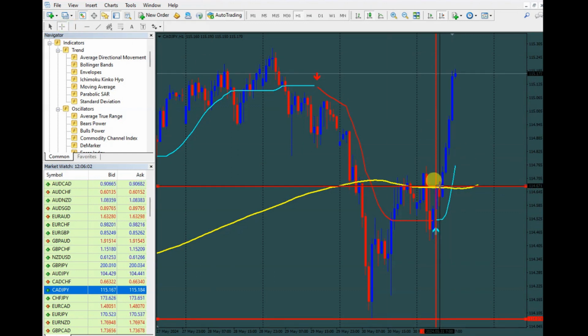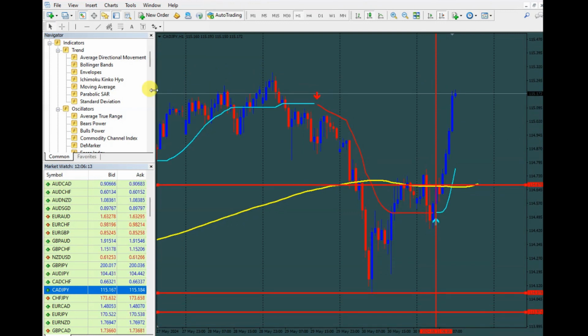So if you check from here to our stop loss, it is approximately 60 pips. So we're expecting a take profit of 120 pips.